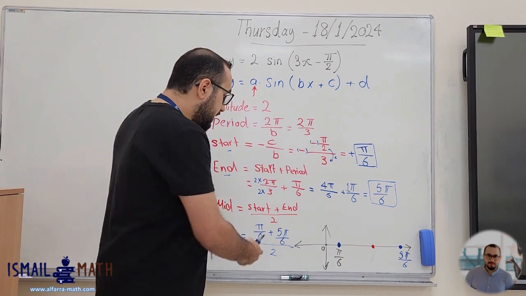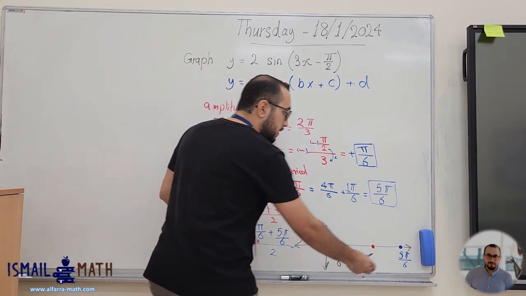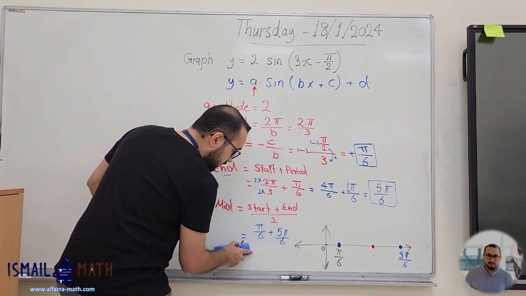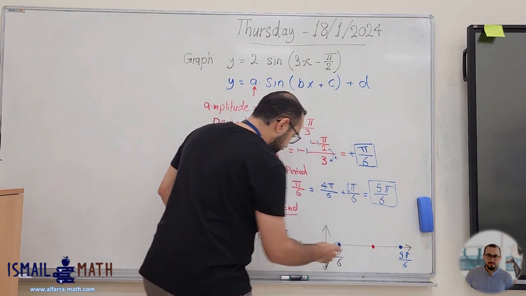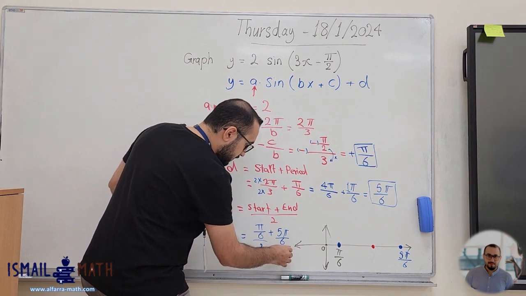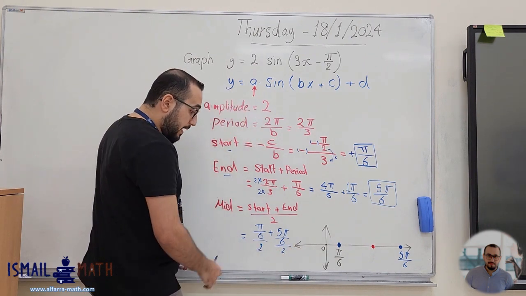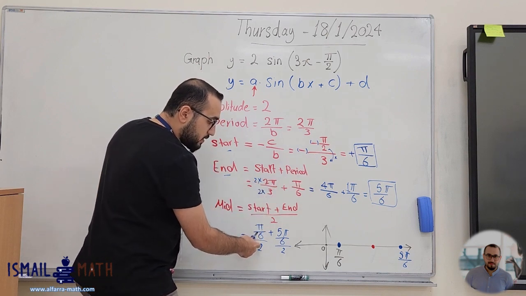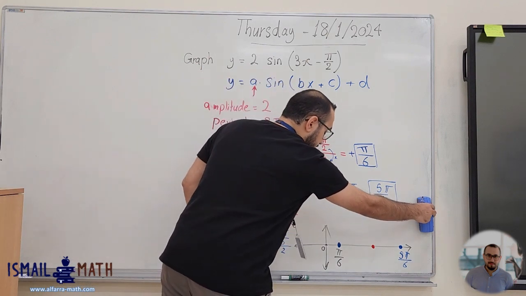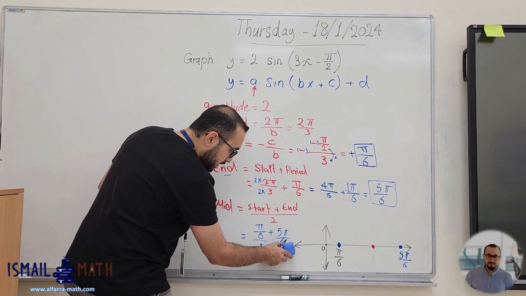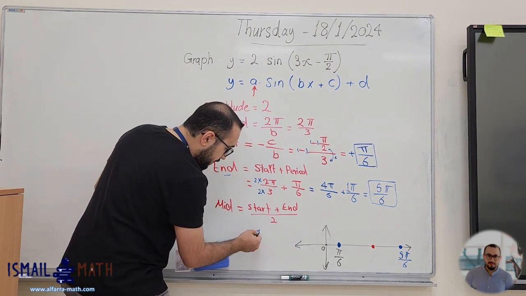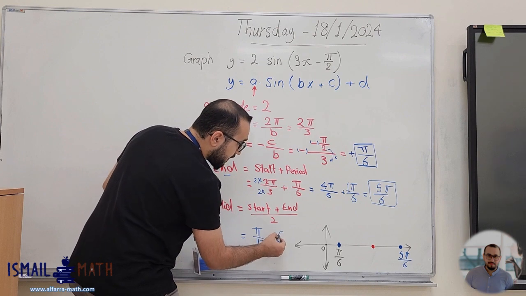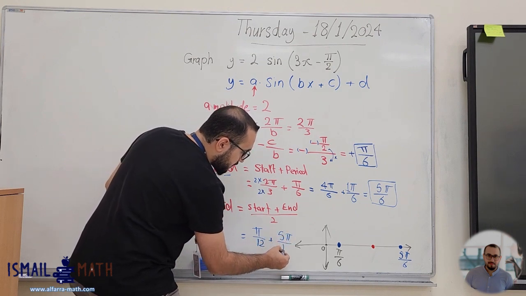What I can do now is take each one alone: dividing by 2 means the denominator will multiply with the denominator. So it will be pi over 12 plus 5 pi over 12.